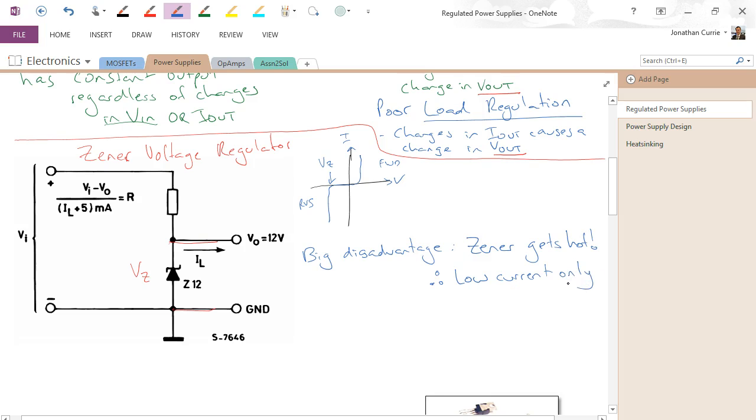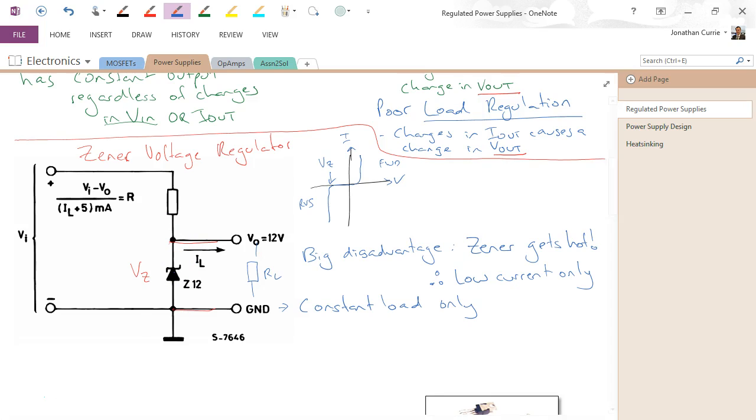Furthermore, the design of this particular circuit relies on the fact that you have a constant load. So another disadvantage would be that this is really only suitable if the load connected to your output terminals is constant. Otherwise, you're going to end up with problems where this device is going to overheat and you're not going to get the expected output voltage.